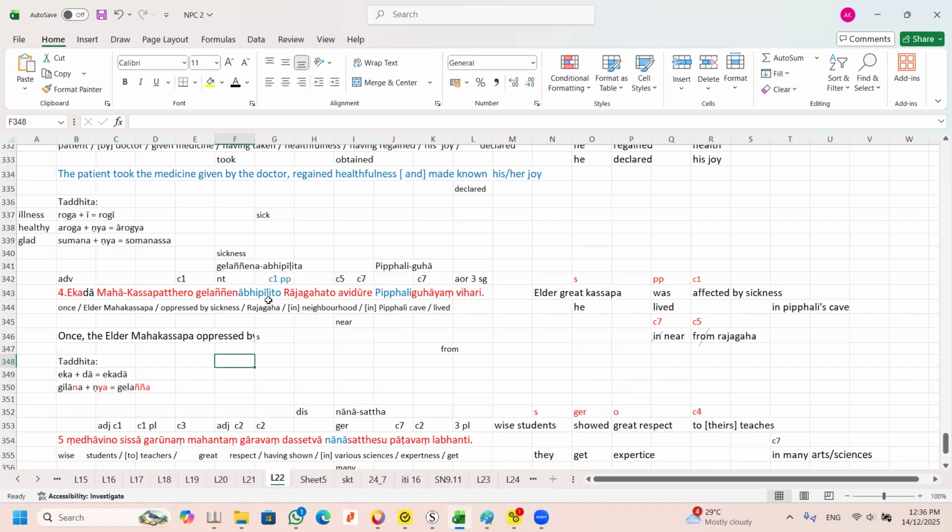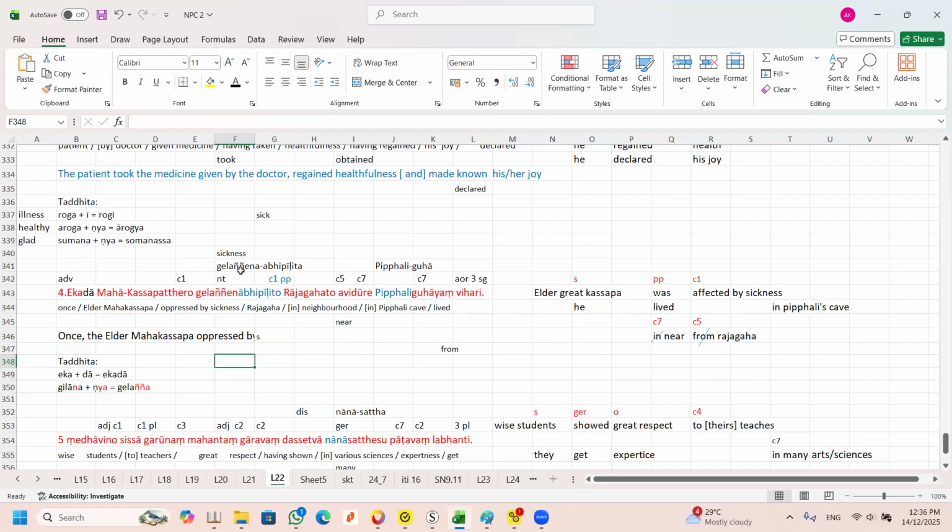Abhi palito. Palito is basically palita, with ita added. That means this is a PPP. And this is in nominative. So when it's nominative, I choose to put was. Then can you see this word?